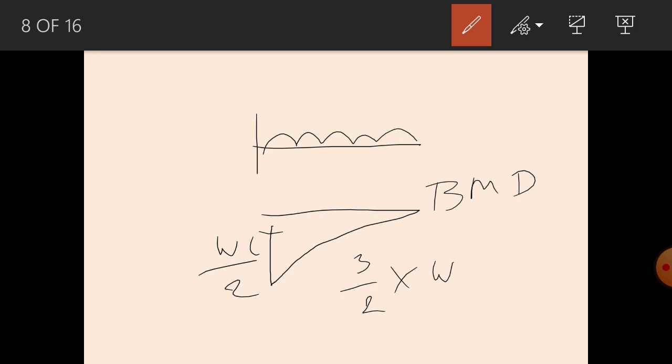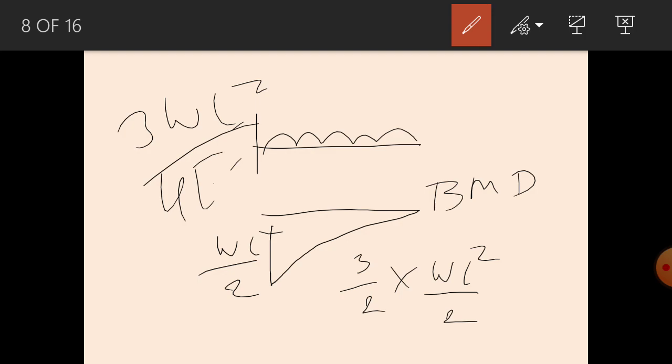So the base will be WL square by 2. Then you have to multiply it by EI. You should be able to solve the derivation so that you can find out the values and formulas.